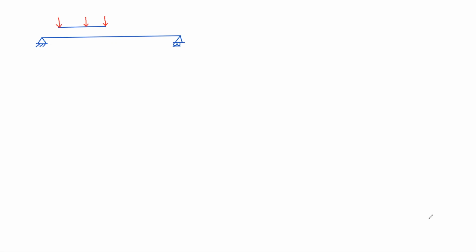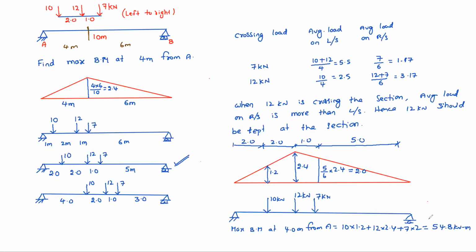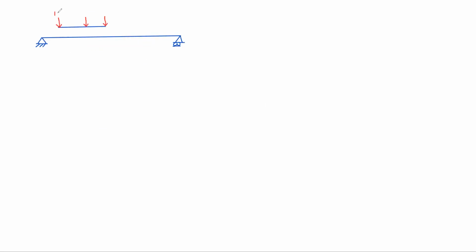Same loading as previous: 10, 12, 7 kilonewtons, with 2 meters and 1 meter spacing, moving. This is a 10 meter span. Find the absolute maximum bending moment. So for this kind of loading positions, what is the absolute maximum bending moment?